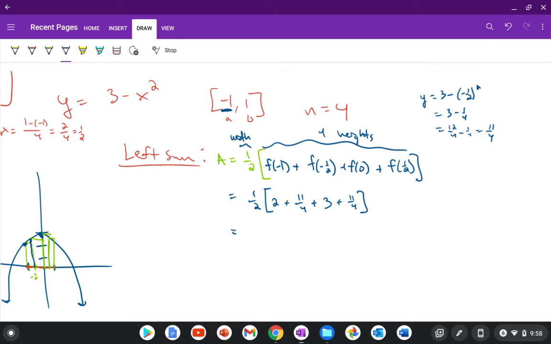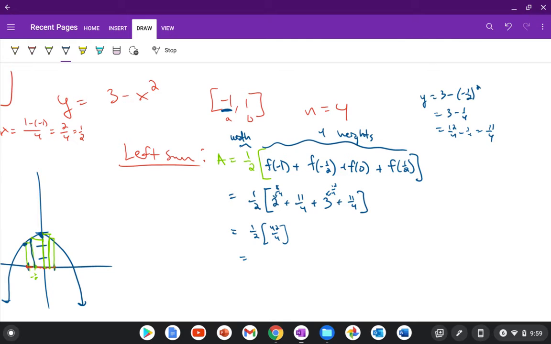So we need to add all of those up. We're going to need to convert these to fourths in order to make that work. So 2 is equivalent to 8/4. 3 is equivalent to 12/4. So we've got 19, 21, 31, 42/4. I did that right?